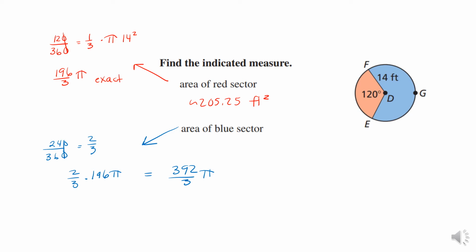And I'd leave it like this because we really don't need to worry about messing up. Okay, don't forget you'd always put your units. And if you wanted the estimated answer, it would be about 410.5 feet squared. Alrighty, so keep practicing, keep doing what you need to do.